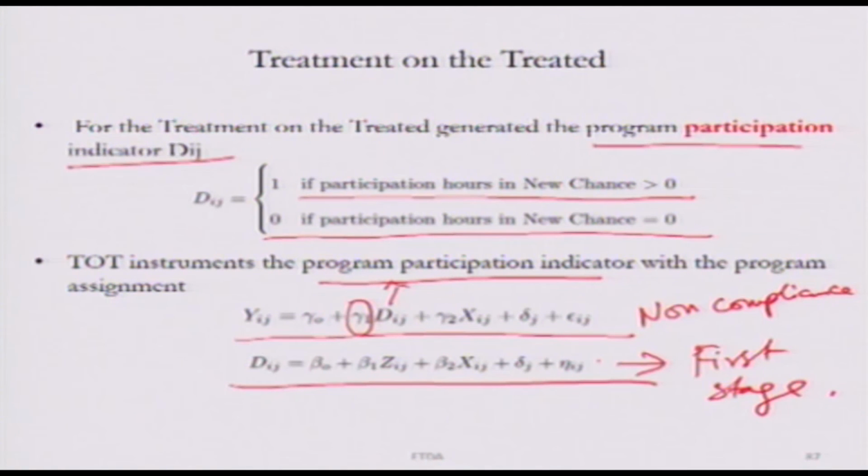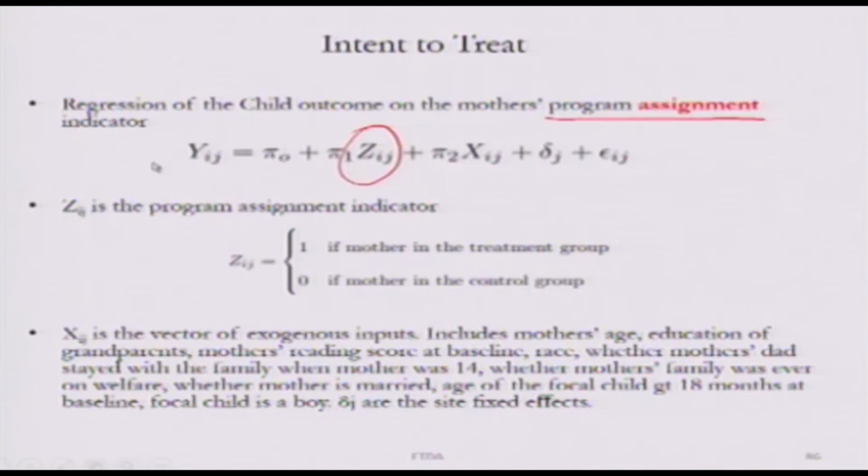So, once again, what we have is, we have program assignment and we have program participation. You use program assignment to instrument for program participation, but remember, you could also run a regression of Yij, child outcomes, directly on Zij, which is random, which is exogenous, that is Yij directly on program assignment, which is what we had on the previous slide.